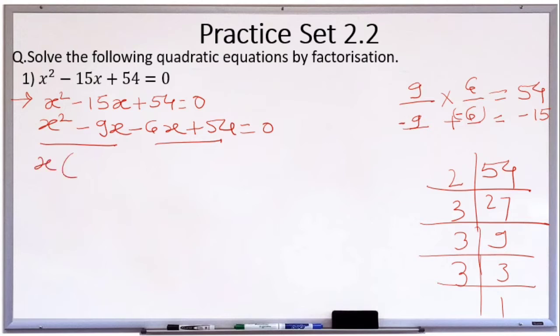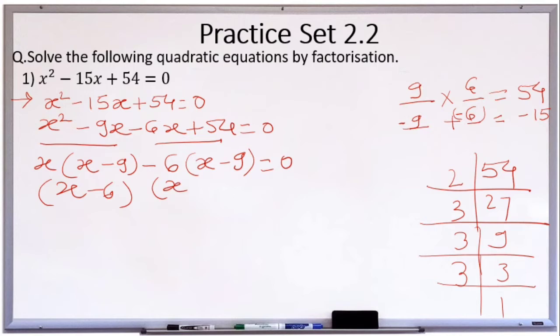Now x outside, x minus 9, minus 6 into x minus 9, sorry, x minus 6 nines are 54, is equal to 0. Now x minus 6 in one bracket and x minus 9 in another bracket.